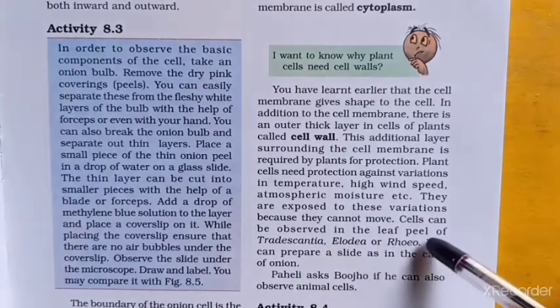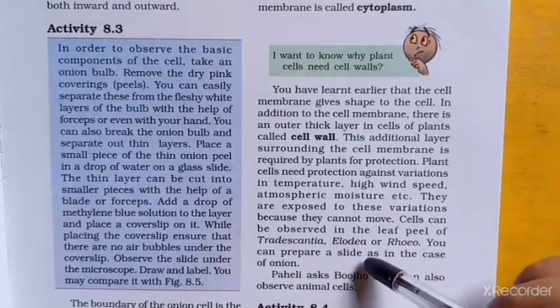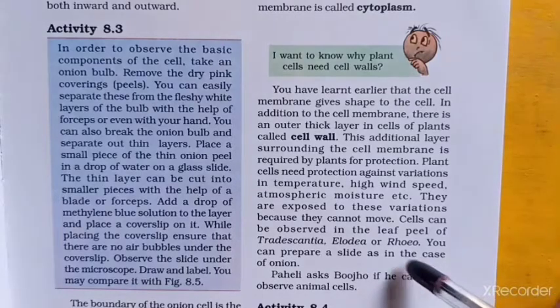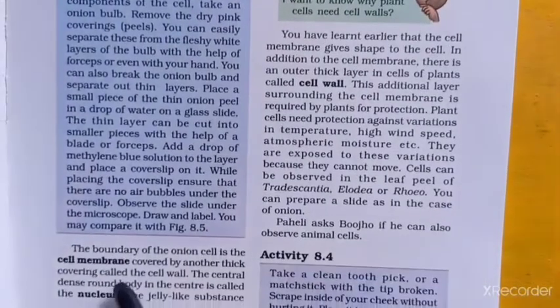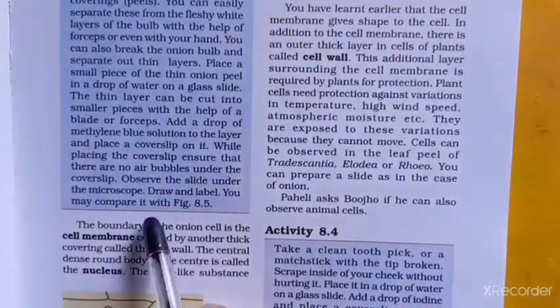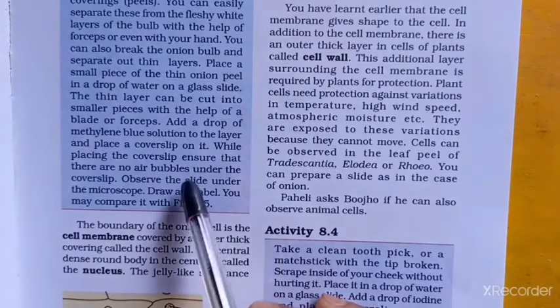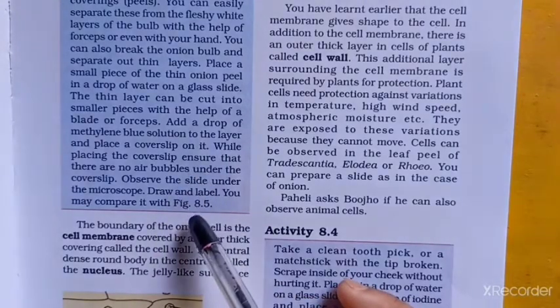Cells can be observed in the leaf peel of Class VIII, Elodea, or Rheo. So you can prepare a slide as in the case of onion. So in the above activity, we have just learned about the making of the slide for onion.